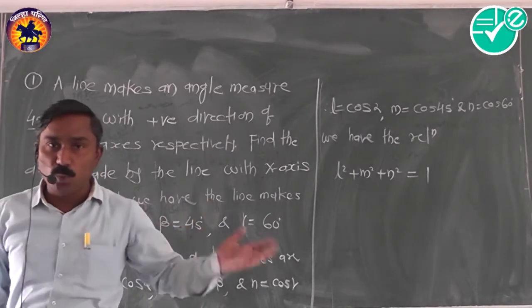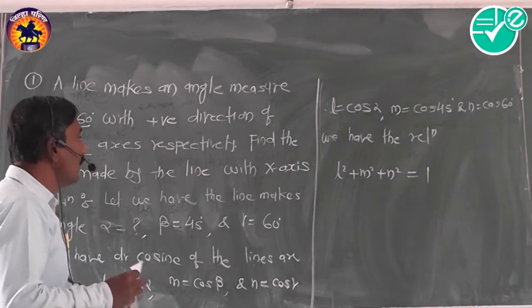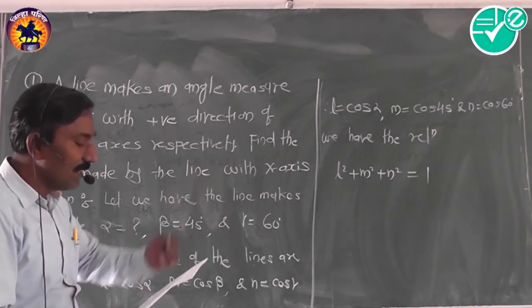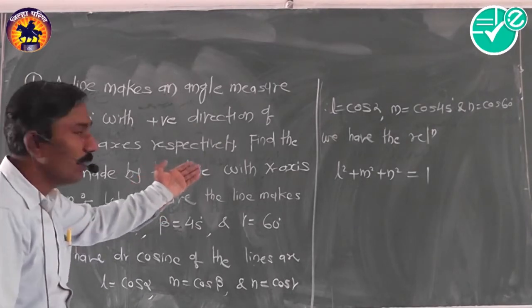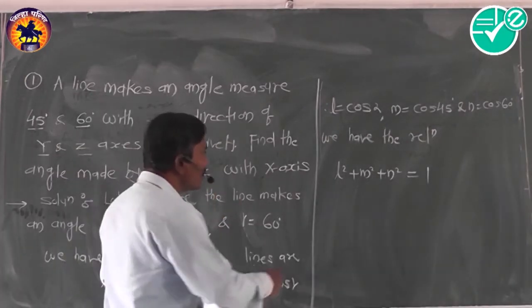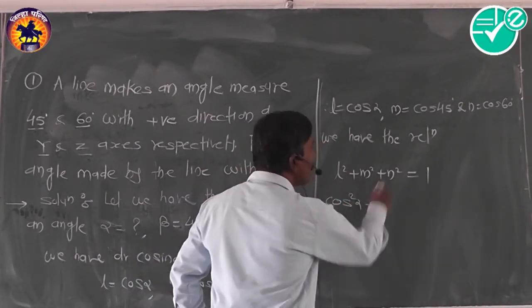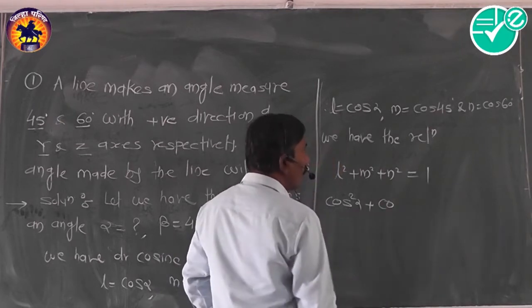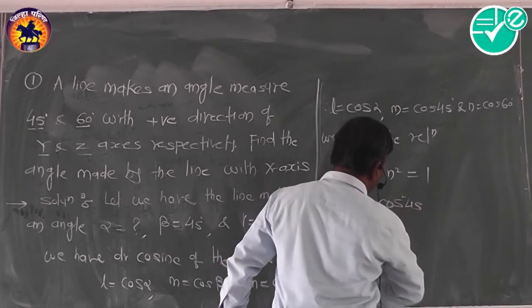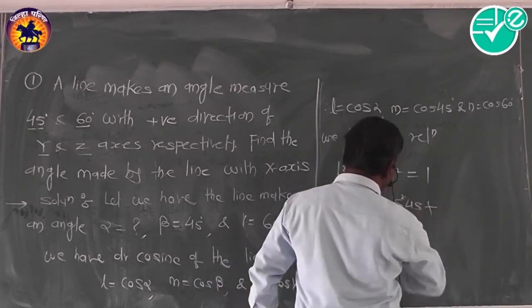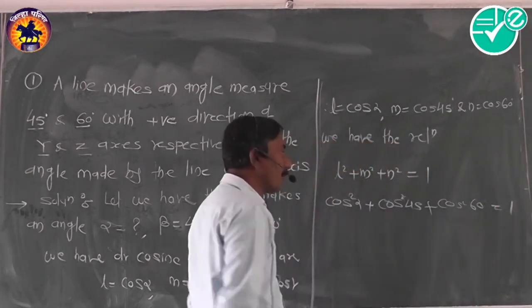We have just proved that theorem. So we can put the values of l, m, n in that relation, and we get the angle which the line makes with the x-axis. So what will this be? l square means cos square alpha, m square, that is cos square 45 degree, n square, that is cos square 60 degree, is equal to 1.